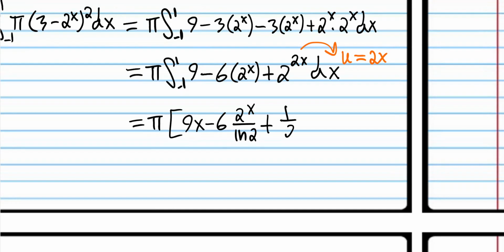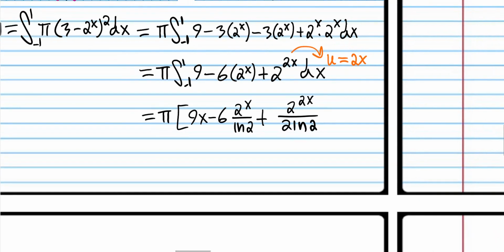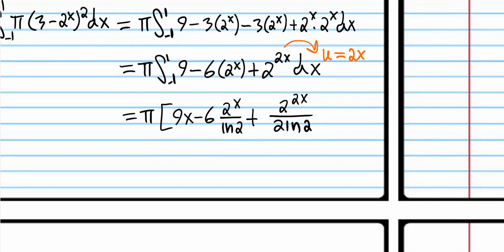So we're going to need 1/2 2 to the 2x. Actually, we're going to need a natural log 2. So 2 to the 2x over 2 times natural log 2. So the reason that we need this green 2 is because the chain will make a 2 pop out.